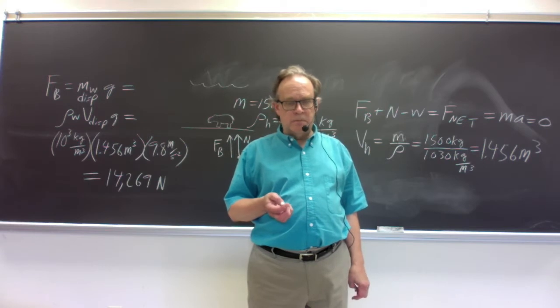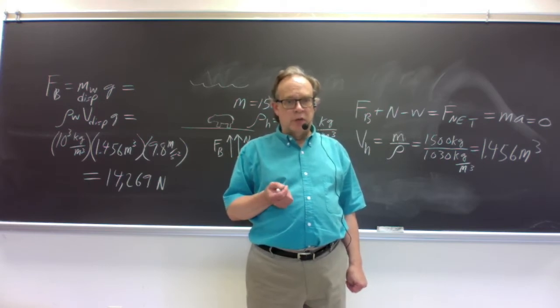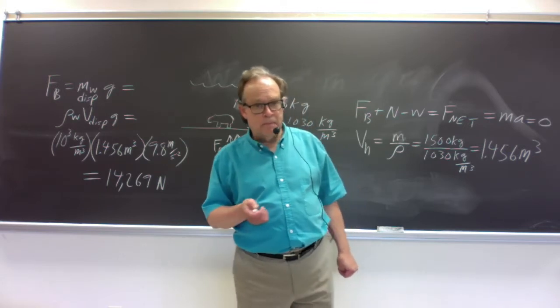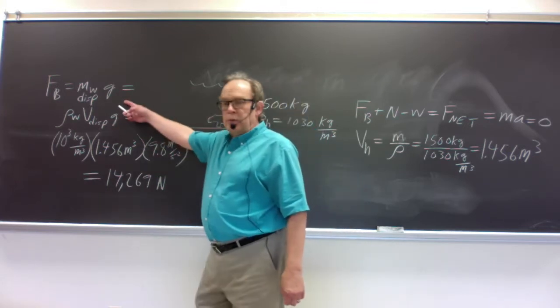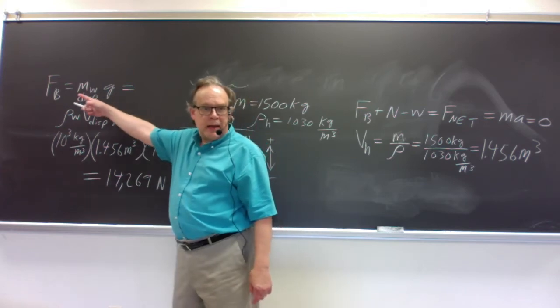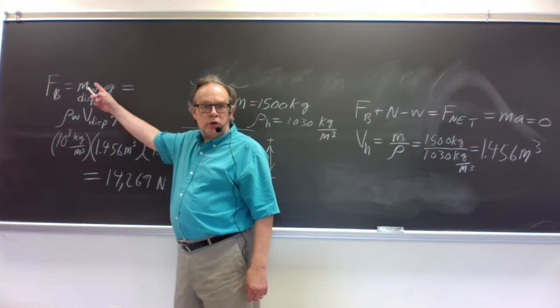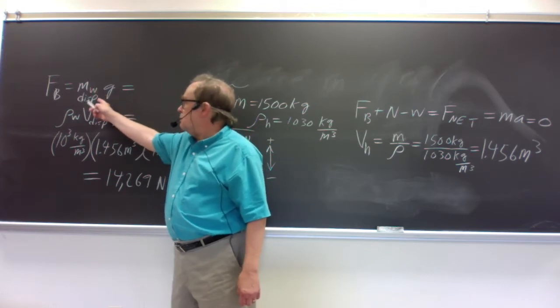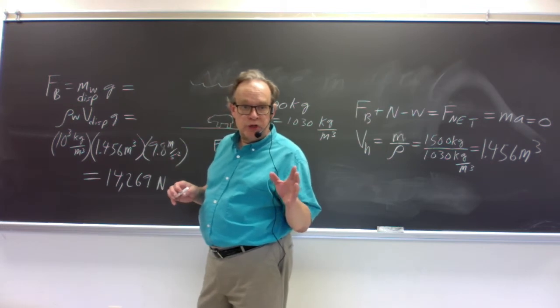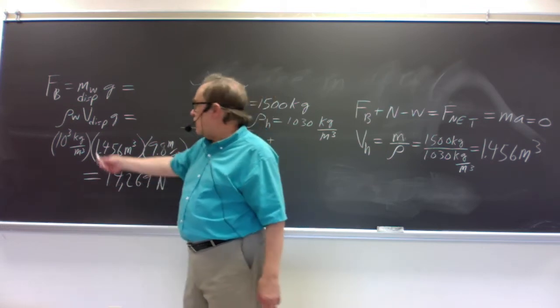Now we can figure out the size of the buoyant force on the hippo. Remember, the buoyant force is the weight of water displaced. Weight is just mass times g. So the buoyant force is mass of the water displaced times g. In all of these fluid problems, we always want to write mass as density times volume.